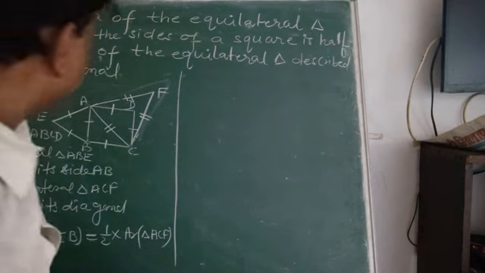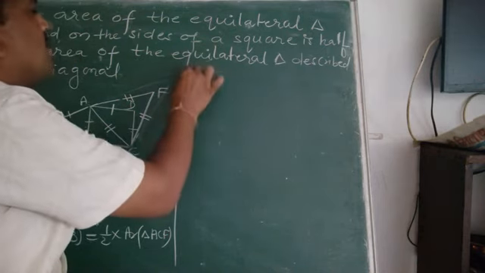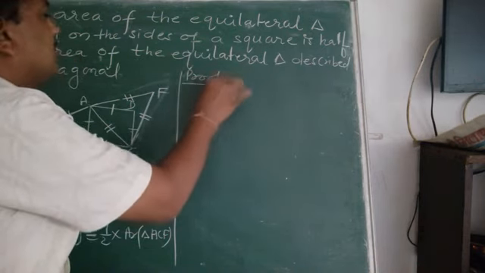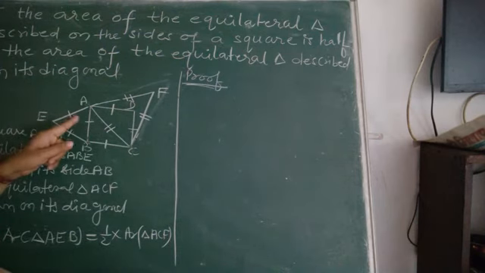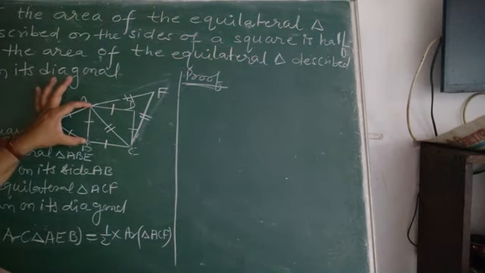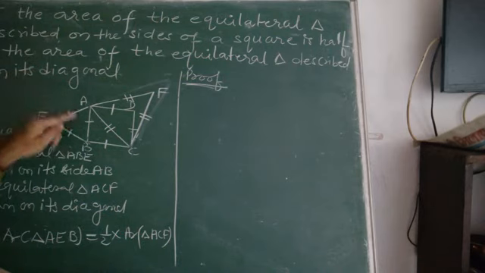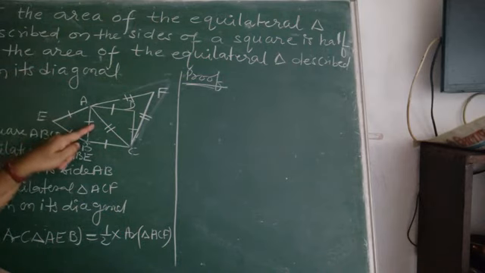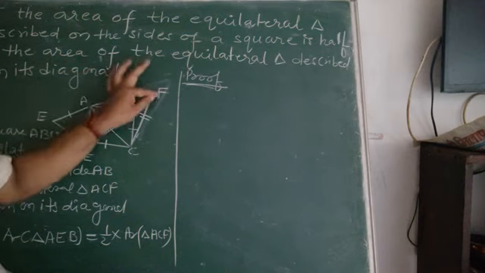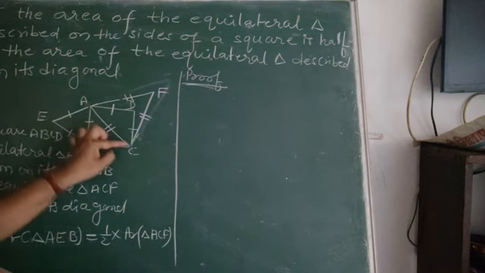Okay children? So as usual we have to start with a right angle triangle. Why a right angle triangle? Because see children, one of the sides of the square is involved as a side of triangle AEB. So to find the area of this triangle, this side will be useful. The other triangle involves the diagonal.